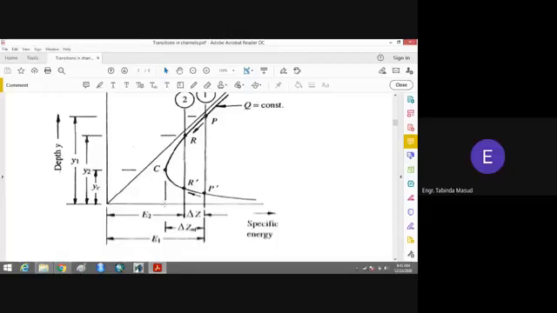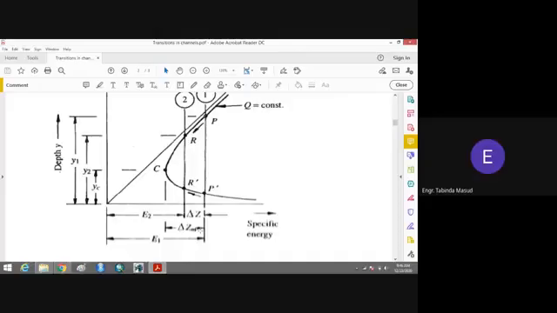If you come towards the x-axis, here we have the minimum specific energy, and you can see that this is the situation where we have the maximum height of the hump. Okay, so this is the minimum specific energy, and you can say that this is the minimum height of the hump for the critical depth of flow.